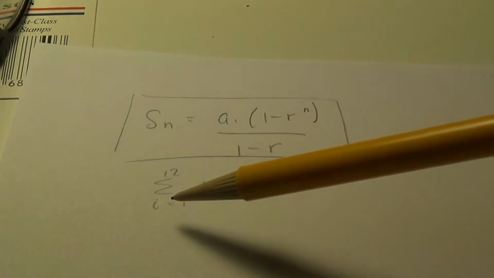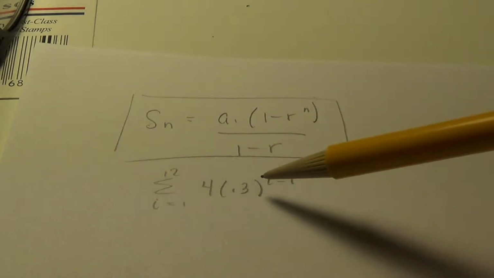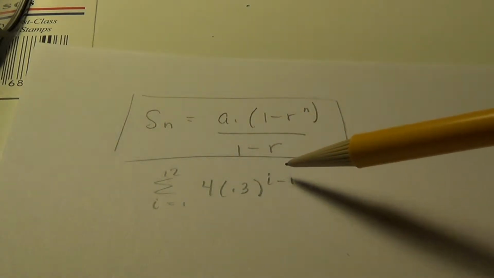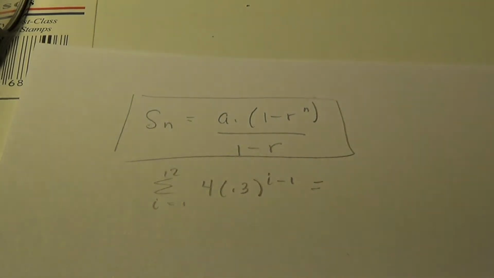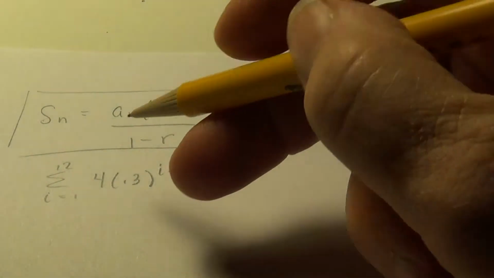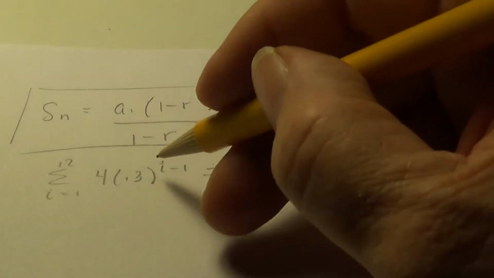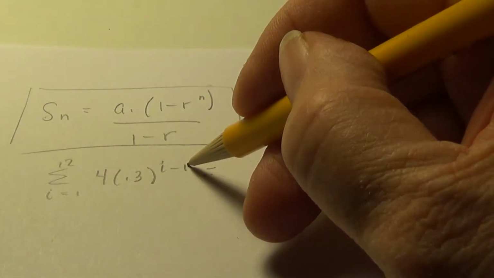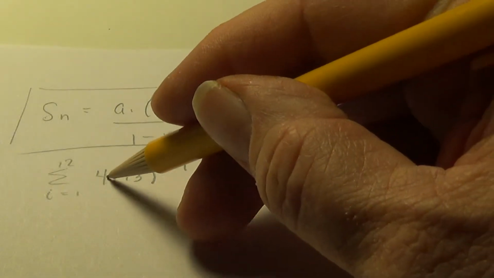So we have a summation as i goes from 1 to 12 of this expression, 4 times 0.3 raised to the i minus 1. Let's generate a few of these terms so we can convince ourselves that it actually is a geometric series. When we put i equals 1, this becomes 1 minus 1, so 0.3 to the 0 is just 1, like anything raised to the 0, times 4.